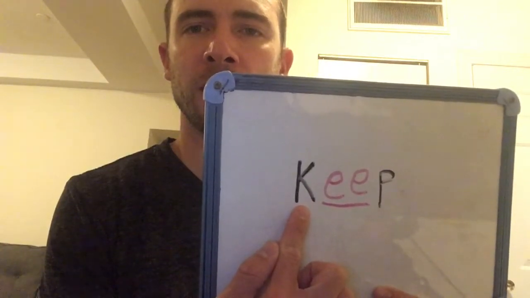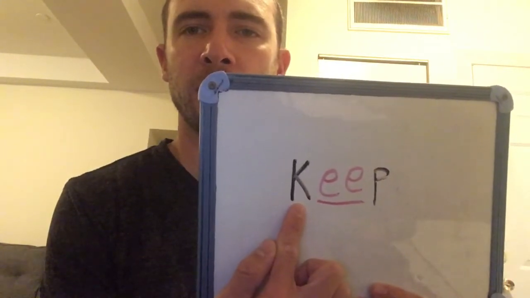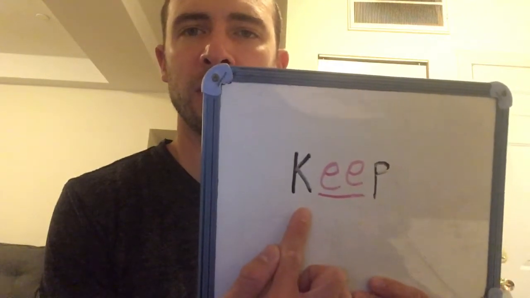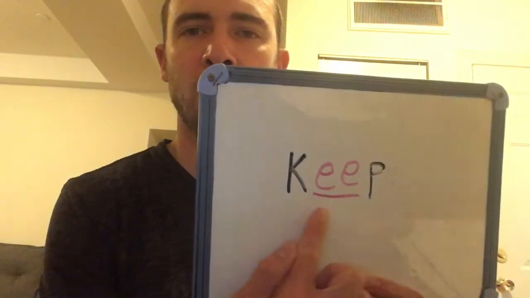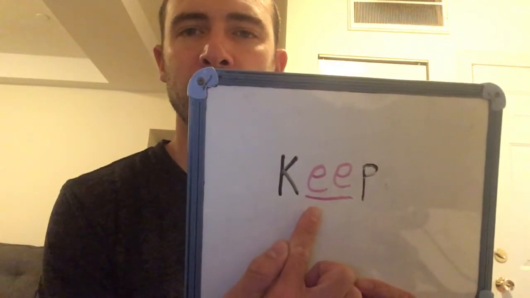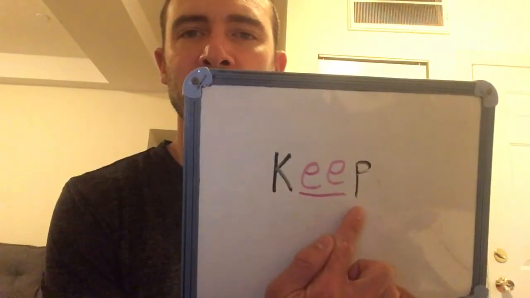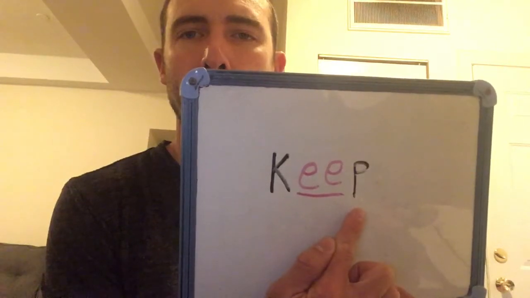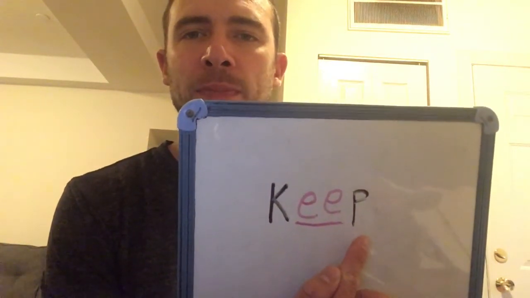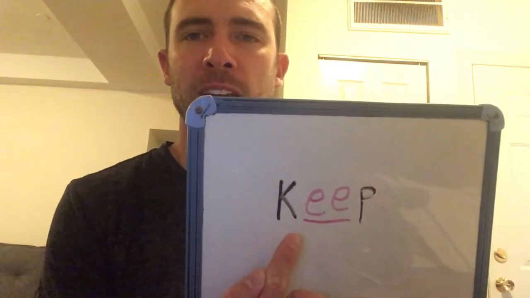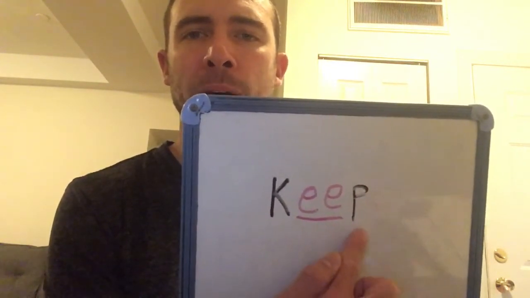This first letter is a K, which sounds like K. So we know the first sound in this word is K. Then we have our new sound, our letter E, E digraph, which sounds like E. So far we have K, E, and then we finish off with the letter P, which sounds like P. So all together we have K, E, P. And if we do our arm strategy, and we turn it into a slide, we can say K, E, P. Keep.